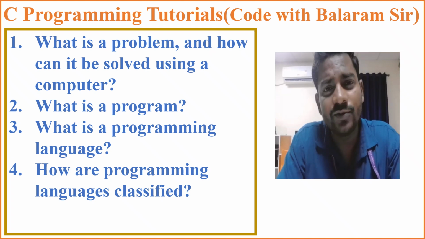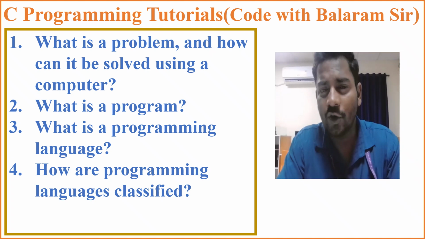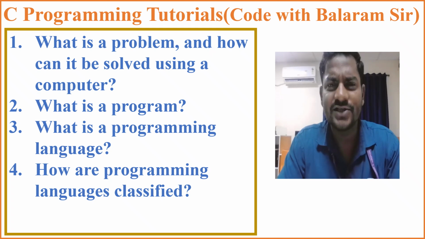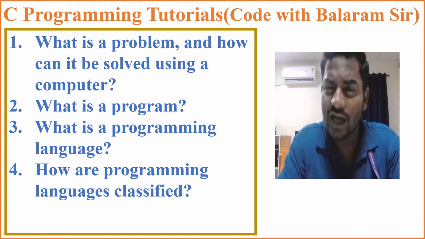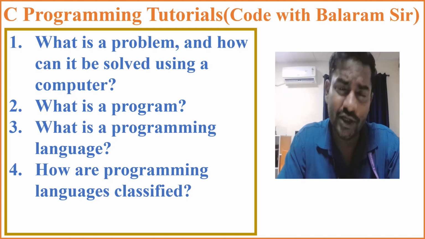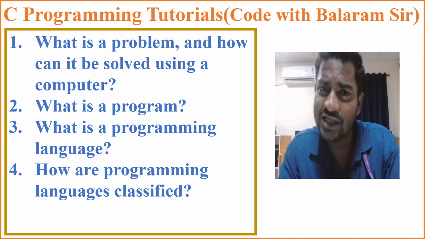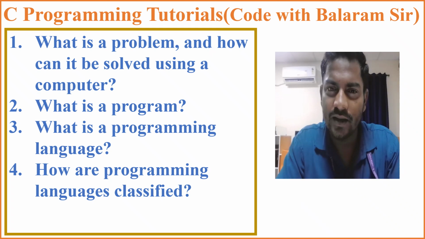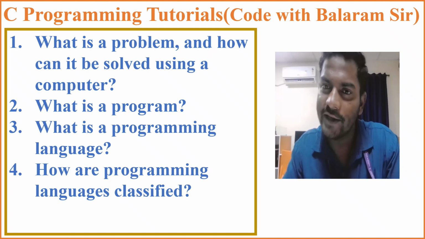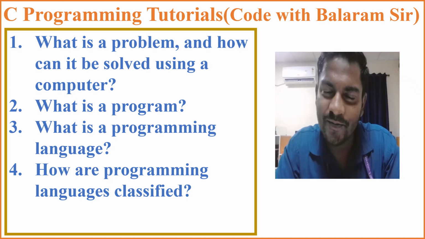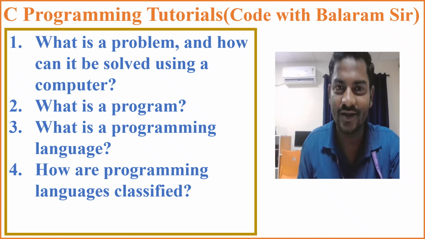Okay. So next question is, how are programming languages classified? As we discussed in the previous question, a programming language is required to give the input to the computer. So scientists started developing programming languages, so that they can give the inputs to the computer in a way that the computer can understand. Initially, a language was developed that is called the machine language. Machine language means what? 0 and 1. Scientists used to write by using 0 and 1 as input.